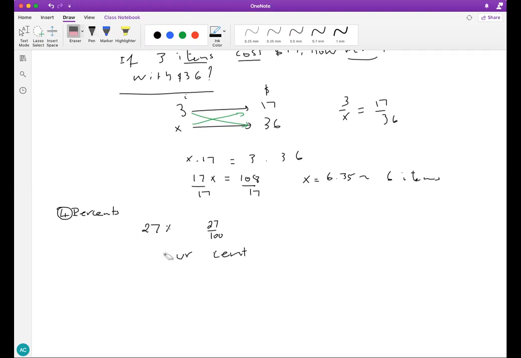So percent, I believe that's where the notation came from. So when you say 27%, it just means 27 per 100, either as a fraction or as a ratio. You can also say 27 to 100. So a percent is just a special ratio where the second value is 100.